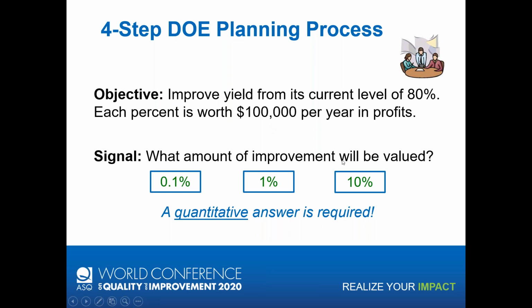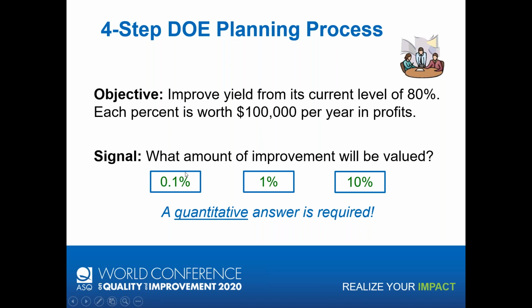So, if we could make a 10% change in yield, obviously that'd be like $1 million. I think most companies would value that. Now, if we made a 1% change in yield, that's $100,000 per year in profits. Probably pretty good. For most companies, they would take that.